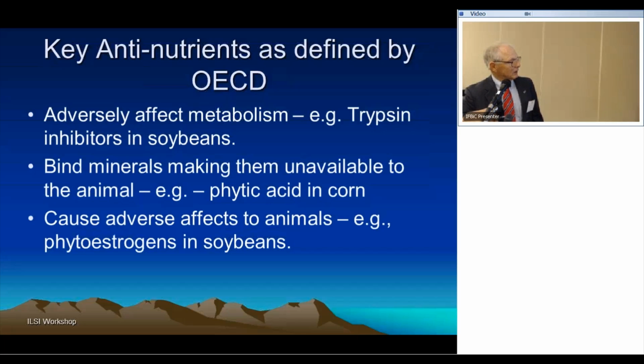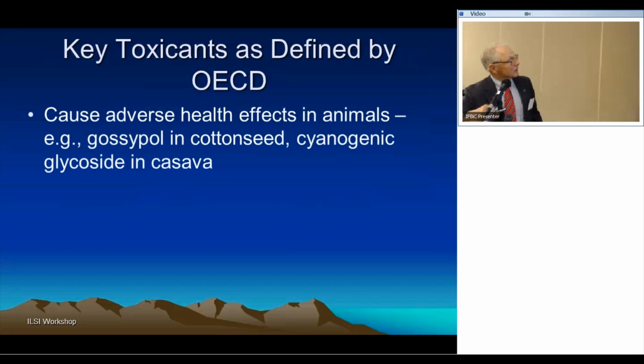Those that cause adverse effects to the animals, phytoestrogens in soybeans. Those that cause adverse health effects in animals, gossypol in cottonseed, cyanogenic glycosides in cassava. Hydrogen cyanide, makes it simple.